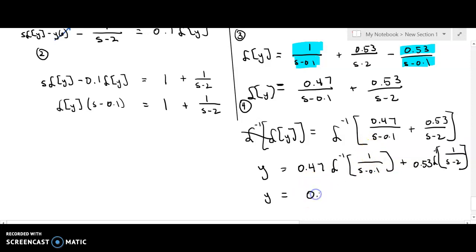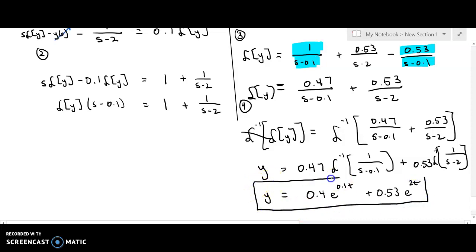So this one will be 0.47 e to the positive 0.1t. An easy way to quickly remember is that whatever the sign is here, the exponential will be the opposite sign. And here I'll have plus 0.53. My a is 2, so I'll have e to the 2t. And we're done. That's our final solution. We've solved this with Laplace transforms. Again, a nice thing to note here is that we get to plug in our initial condition while we're working the problem, so we don't have to go back and do that later. And that's it.